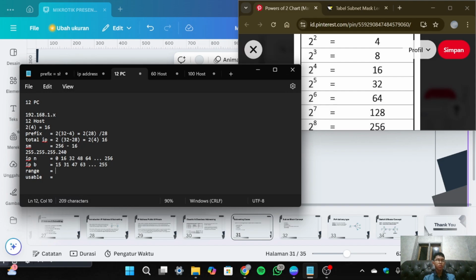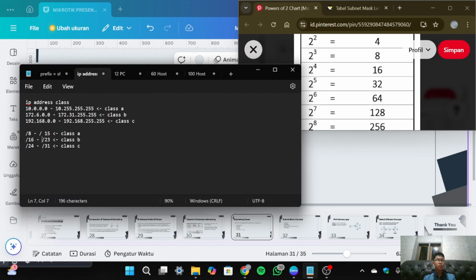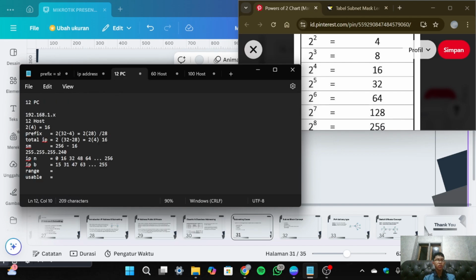Because class C just needs us to find the last octet value, the range is 192.168.1 and the range is from the IP network until the IP broadcast, which is 15.